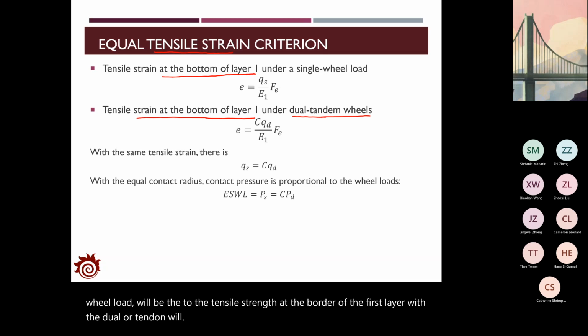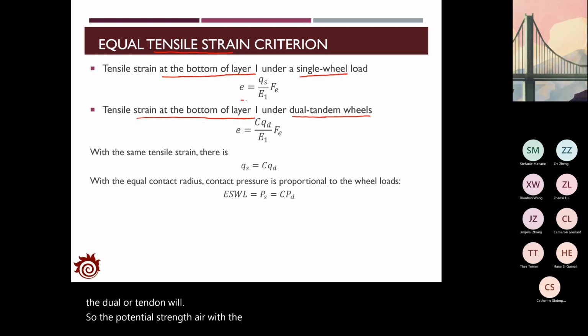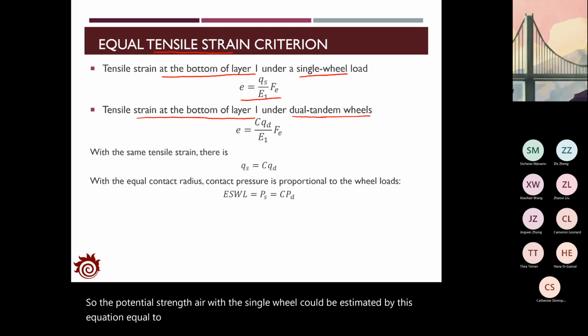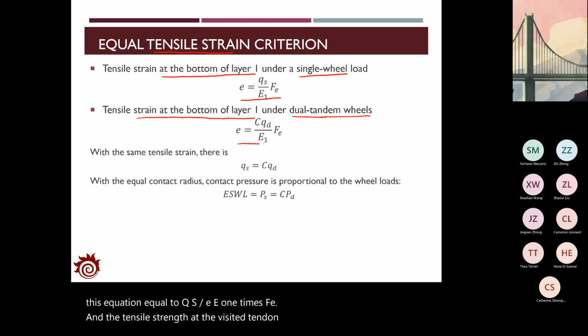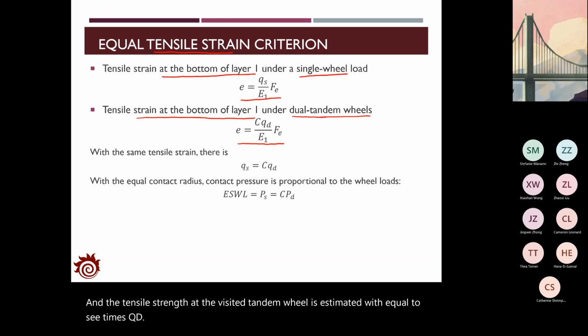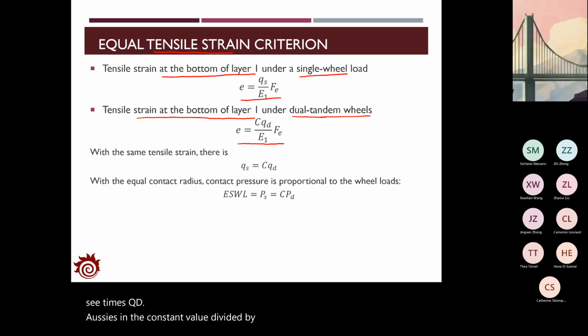So the tensile strain with a single wheel could be estimated by this equation, epsilon equal to QS divided by E1 times FE, and the tensile strain with the tandem wheel is estimated with epsilon equal to C times QD, C is a constant value, divided by E1 times FE.